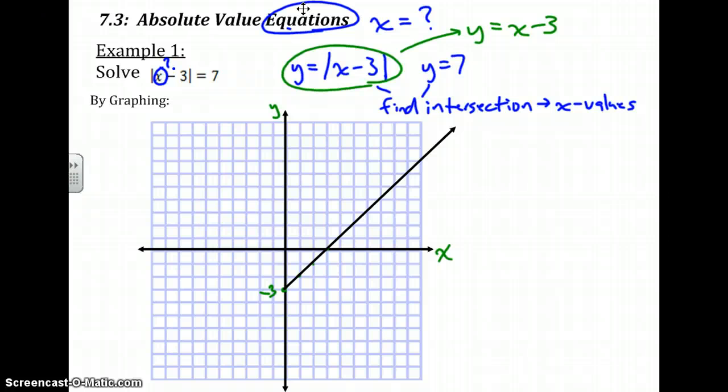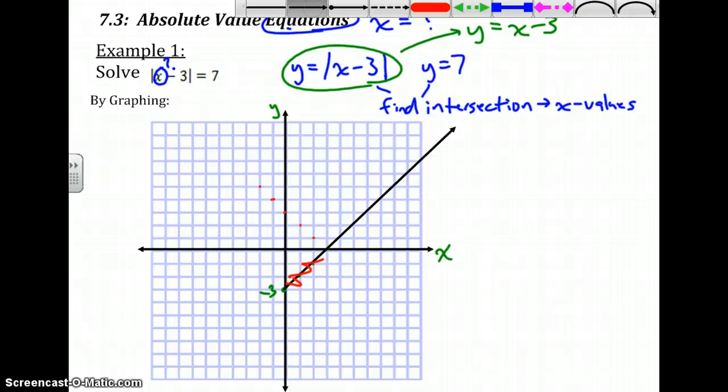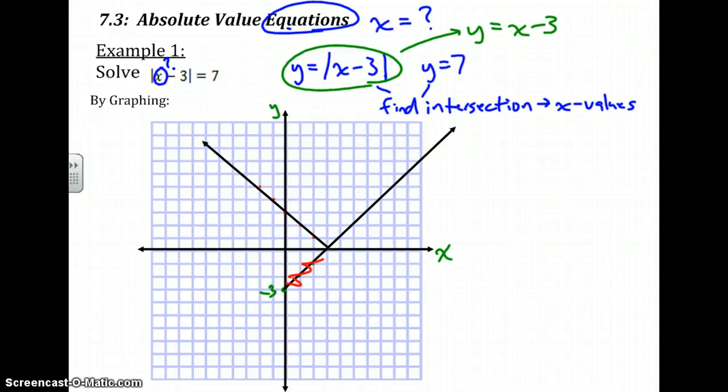But as we recall from yesterday, an absolute value function doesn't end up down here. What it actually does is reflect above the x-axis with that shape. So the actual part of the graph goes something like this.